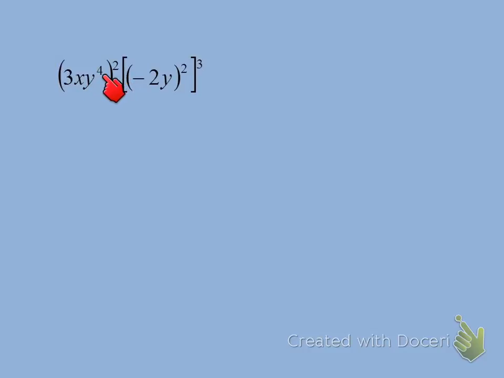This square exponent, though, that affects all of this. This 2 and this 3, that affects all of this. So those are my bigger exponents, so I take care of them first. First one I look at is this right here. What can I rewrite there? Make it negative 2y to the 6th. Keeping this step by step, take a negative 2y all to the 6th power.